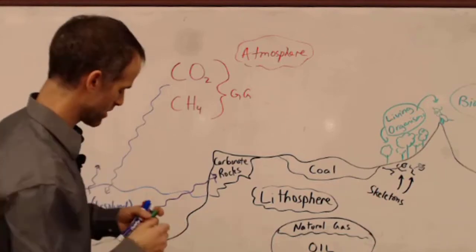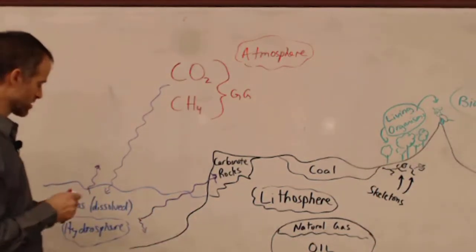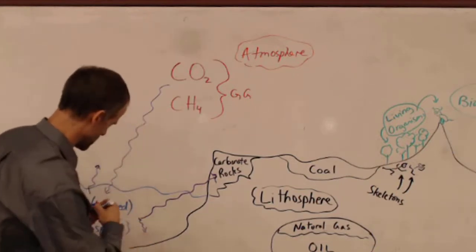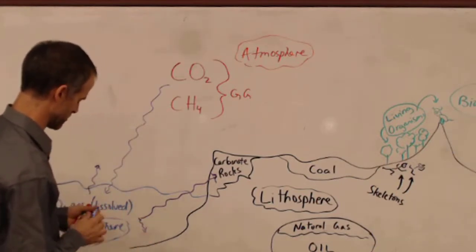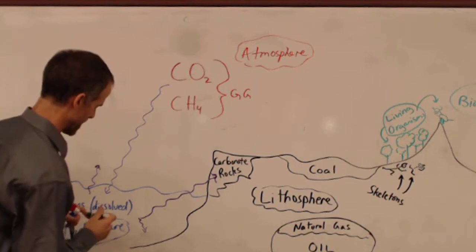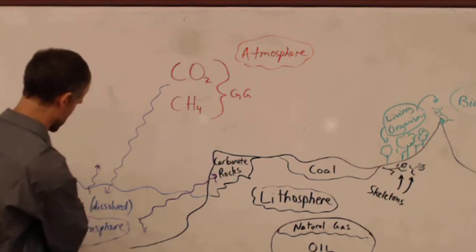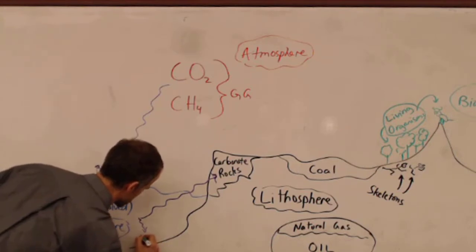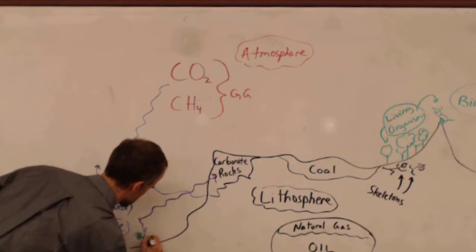Those shells are made with calcium and carbon. And so to the biosphere, we have animals that store some of this carbon dioxide. Plants and animal life store it.